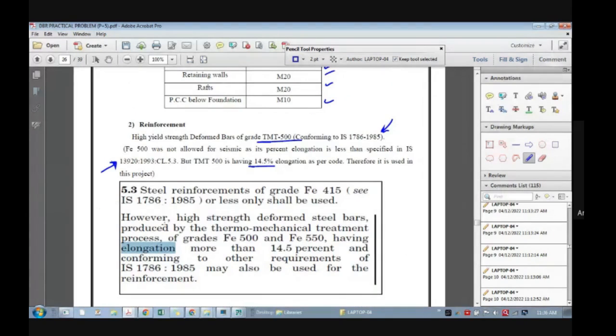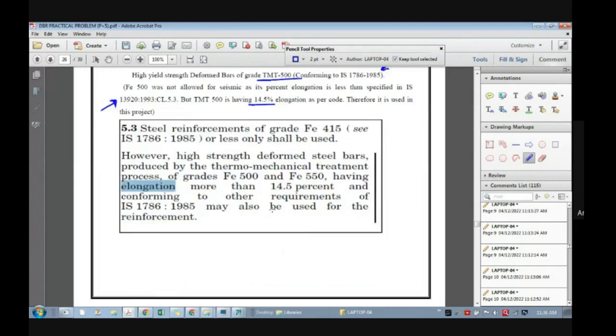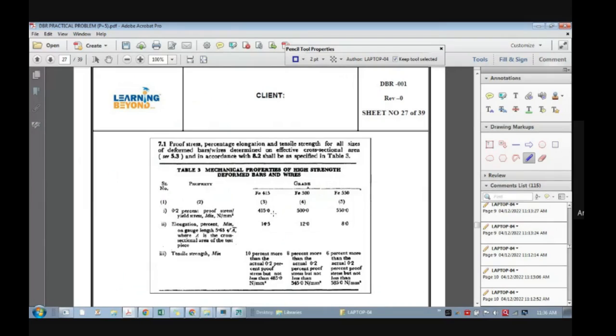Here you will see this, IS 1893. Here also you see this 500. Now please note, in this code the grade is 500 but the elongation is 12, but we want elongation as 14.5.